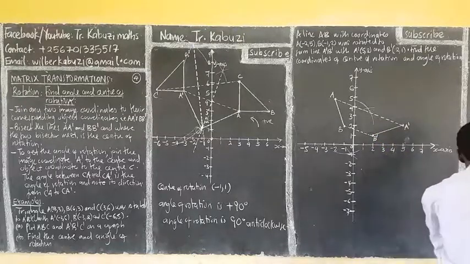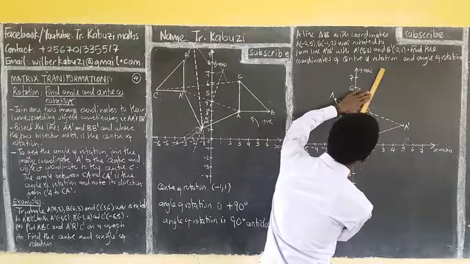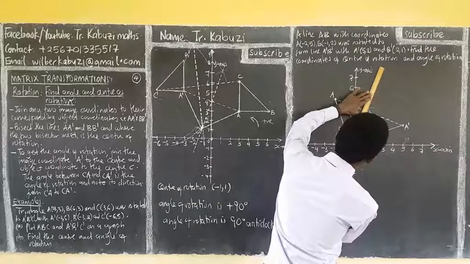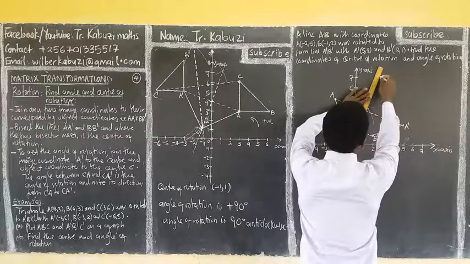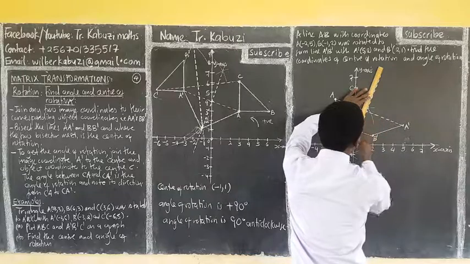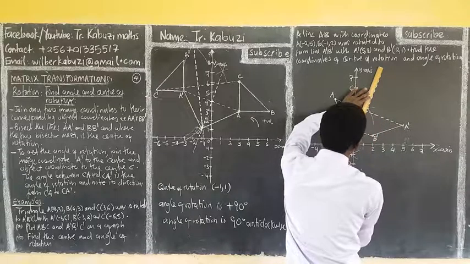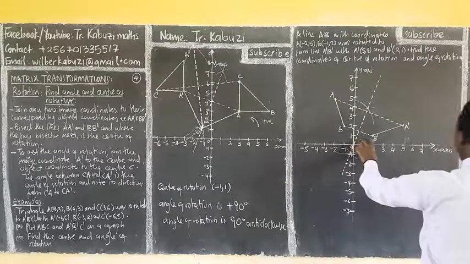You draw a line so that they are meeting. So you have bisected B prime.